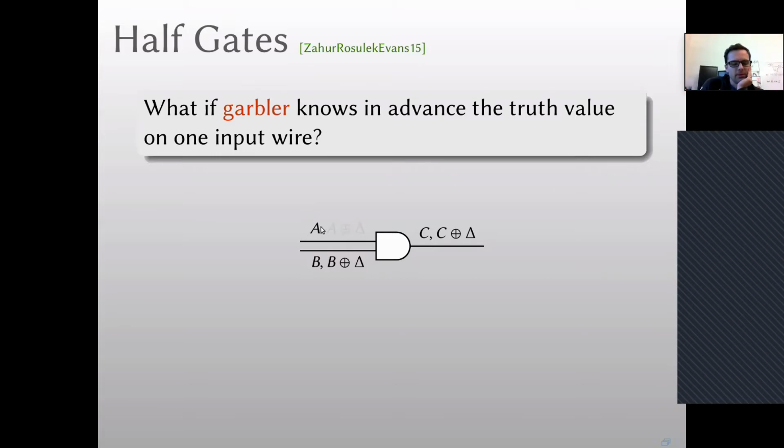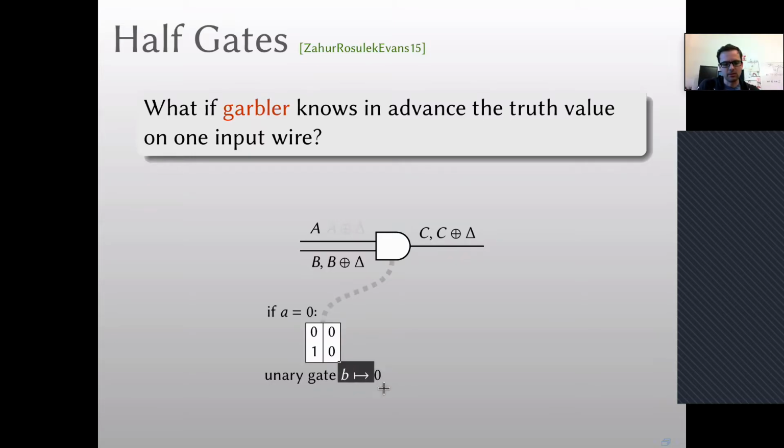So for example, at the time that you're garbling the circuit, you know that the value on this wire will always be false. So could you garble a circuit more efficiently then? Okay, so if you knew that this top input wire was 0, then this is an AND gate, so you know that the result is always 0.